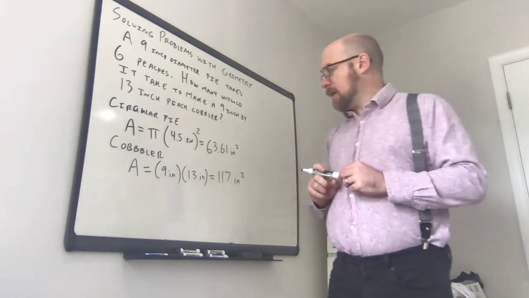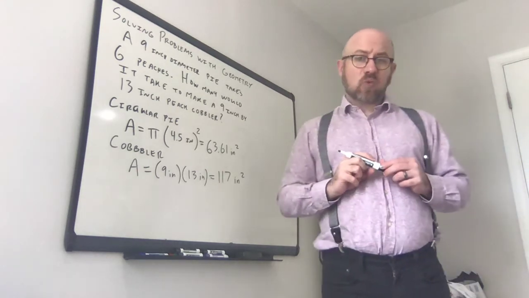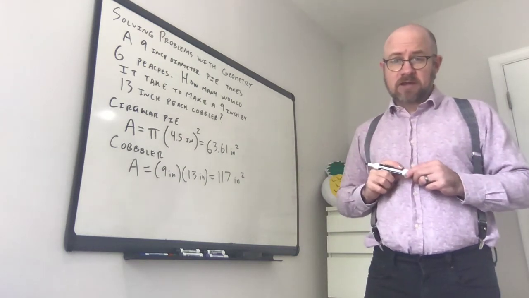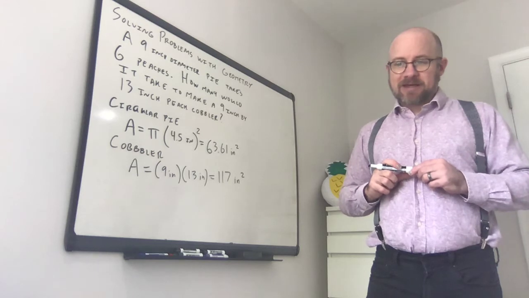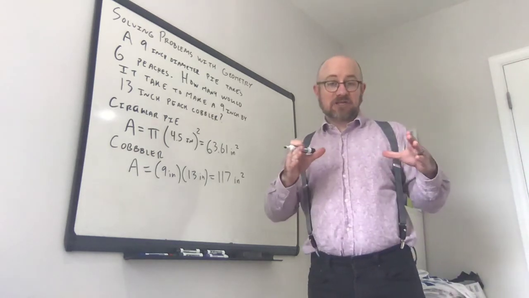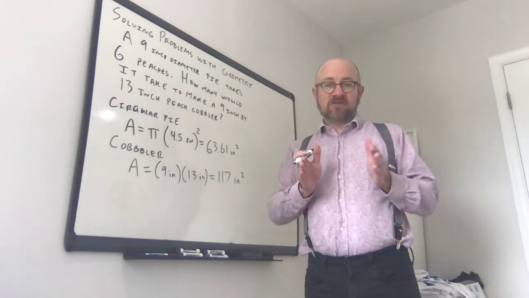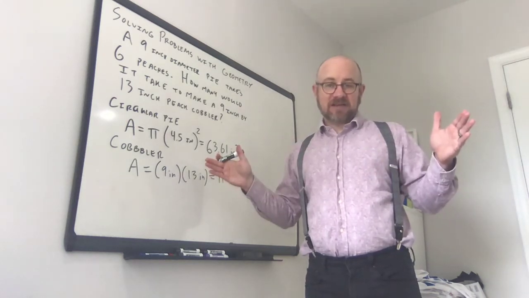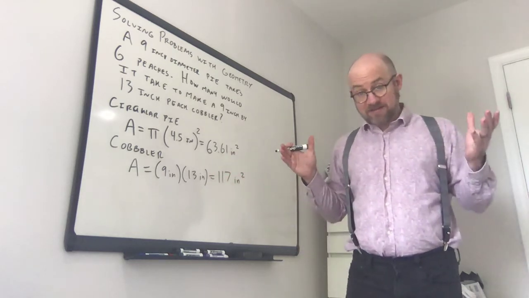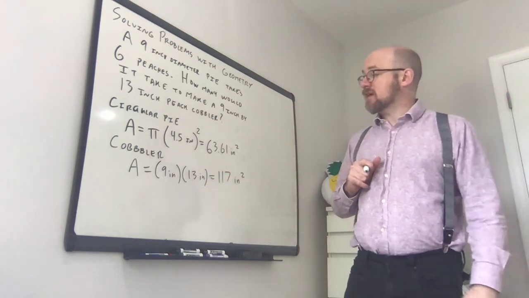The cobbler is a little bit less than twice as big as the 9-inch pie. Which may seem counterintuitive if you think about a 9-inch diameter circle versus a 9 by 13 rectangle. It doesn't seem like that should be twice as big, but in fact it is. That's why we have to use these carefully.